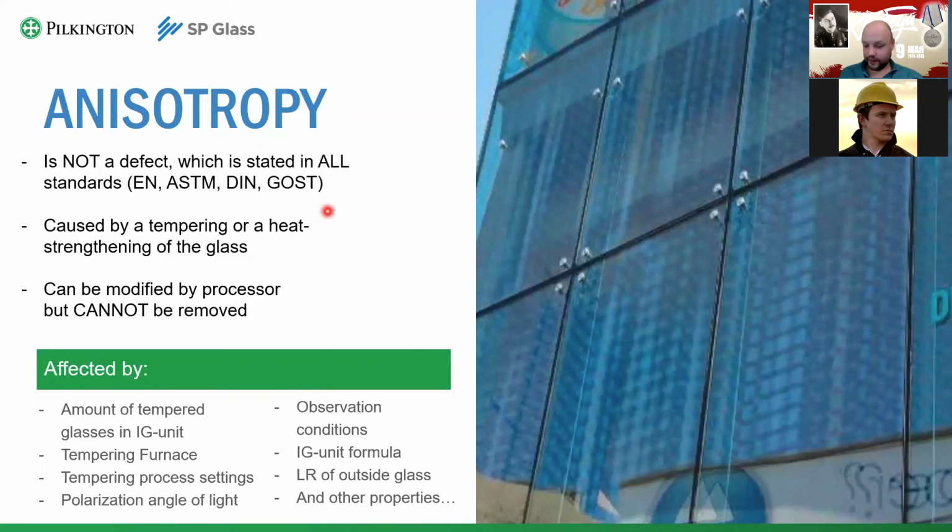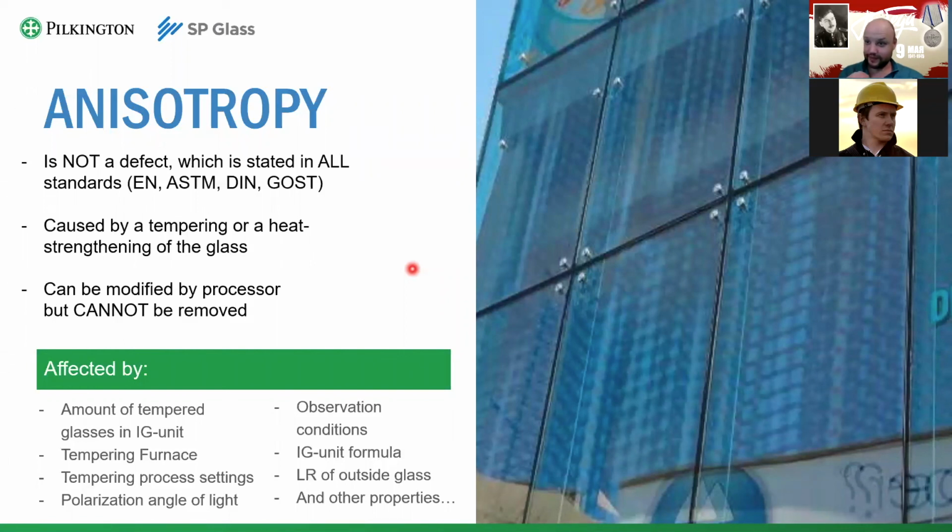Interesting thing is that when I was in Singapore, I once saw a facade of an Apple store with a very big glass made out of 4 or 5 10-millimeter glass, tempered, laminated all together. And on this laminated glass, I've seen the anisotropy effect even under artificial light.